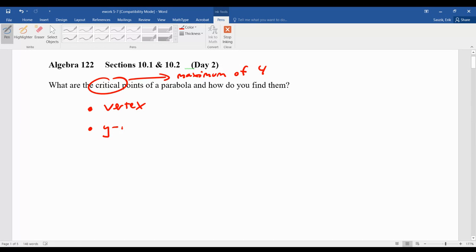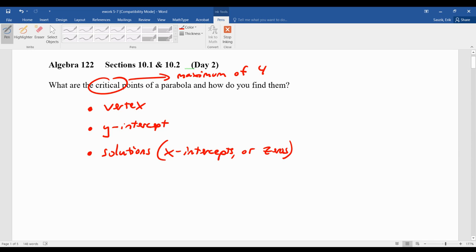Then you have the y-intercept, and you have the solutions, which is also called the x-intercepts or zeros.